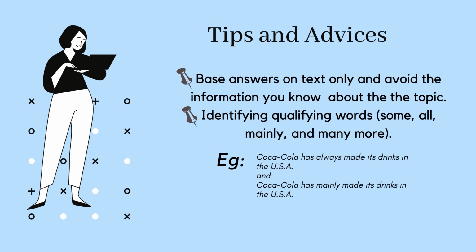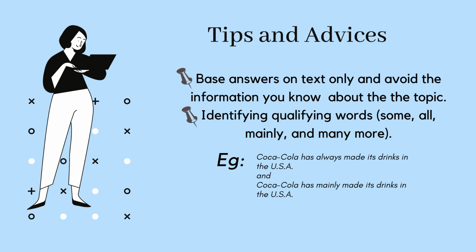Secondly, identify any key words that qualify these statements, for example some, mainly, all, often, always, and occasionally. Now, these words are there to test if you have read the whole statement, because they can change the meaning of these statements, as paraphrasing at times changes the meaning of the statement by twisting the words.